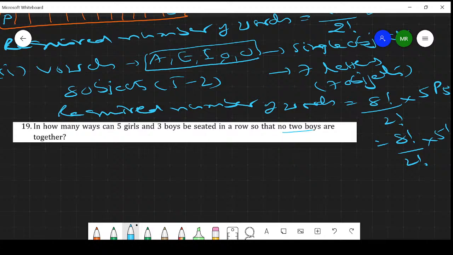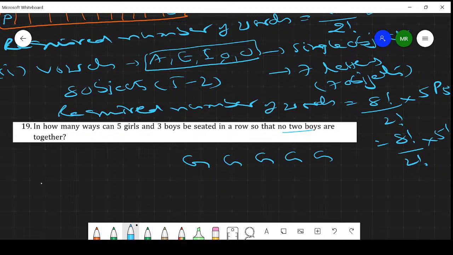Then it can be done in 5 factorial ways. The 5 girls I can arrange in 5 factorial ways. There is no restriction for them. 5 places, we have 5 factorial ways.